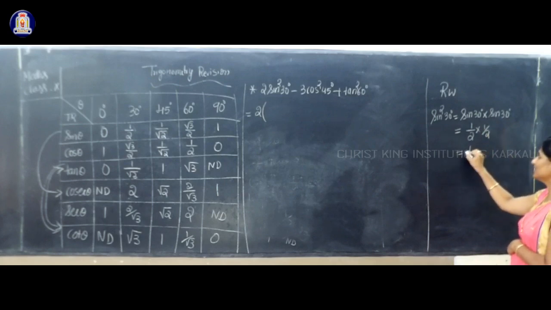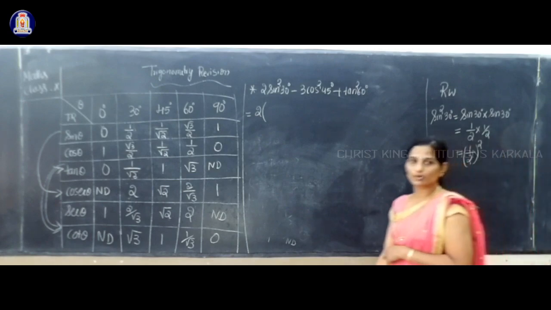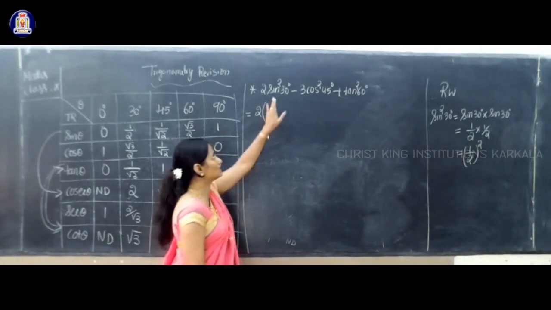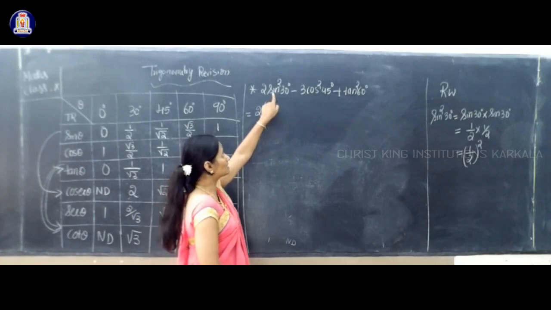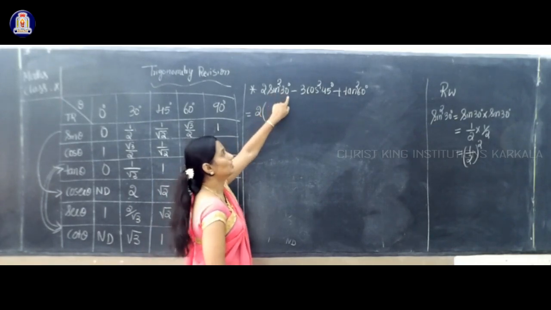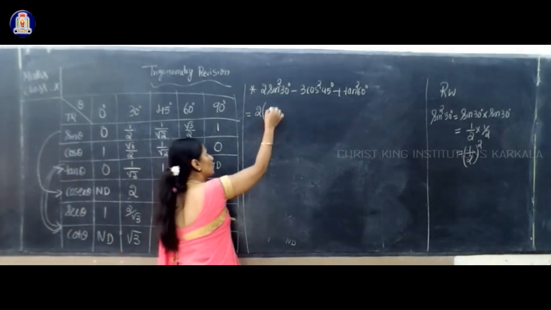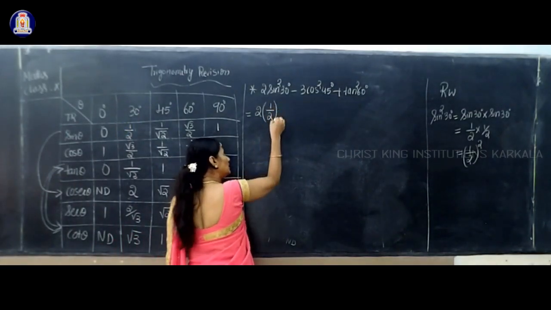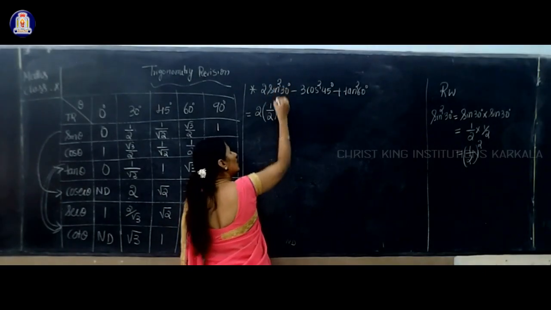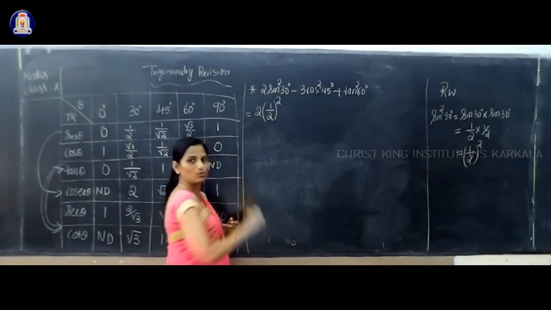So together we can write as 1 by 2 whole square. First write the value of sin 30, which is 1 by 2. It is whole square, 1 by 2 square.